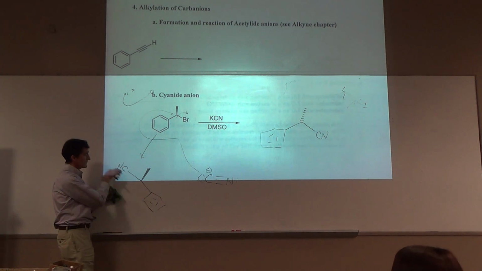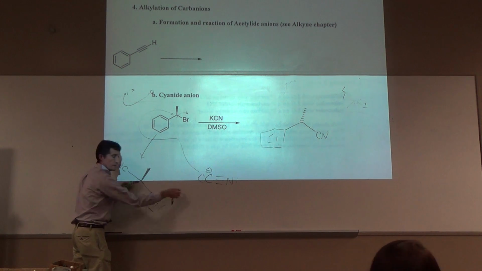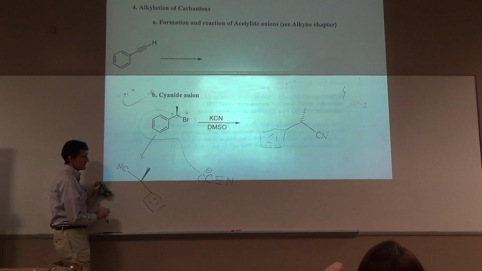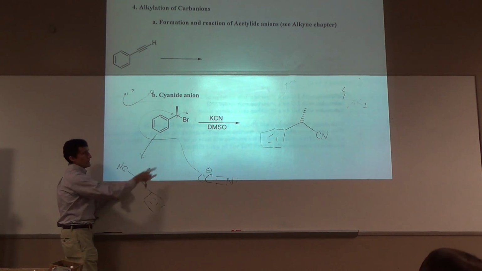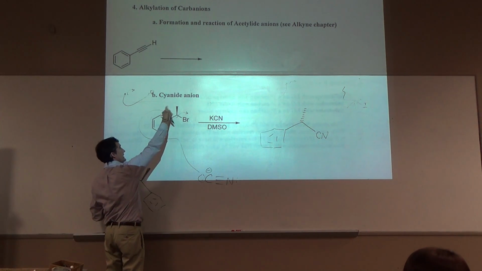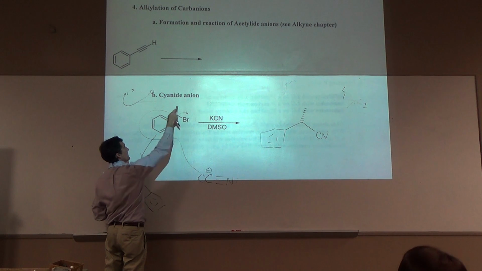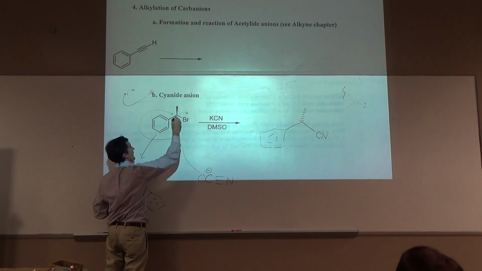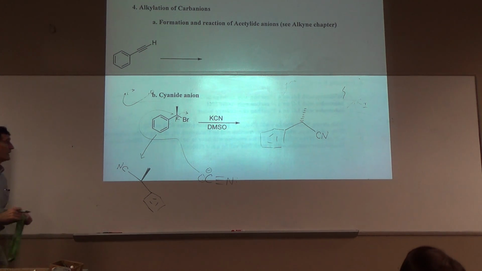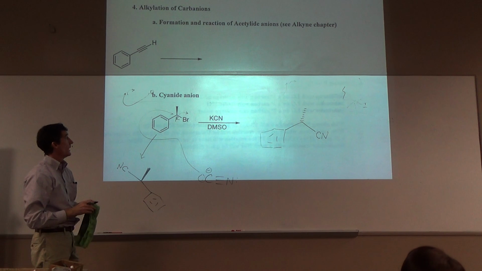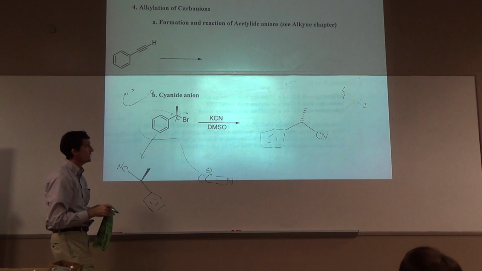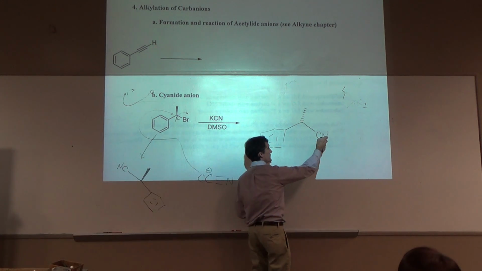Does this make sense that that's the product? The CN came in over here. The bromine used to be here. Remember the transition state? Bonding, breaking. These are the same thing. Is this R or S? Bromine, carbon with carbons. What is this? R. Whenever you do an SN2, what happens at the carbon that you're attacking? Inversion. So as long as you don't get any crazy priority change, this is still your top priority group.